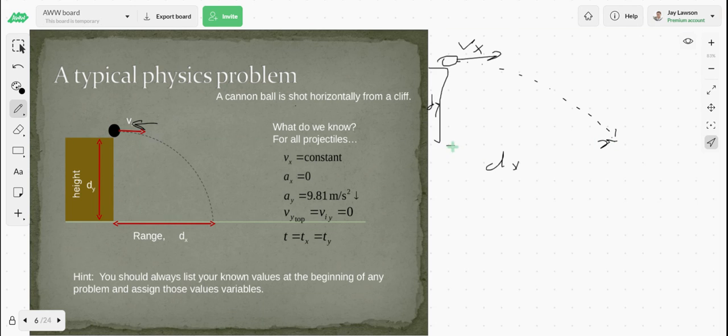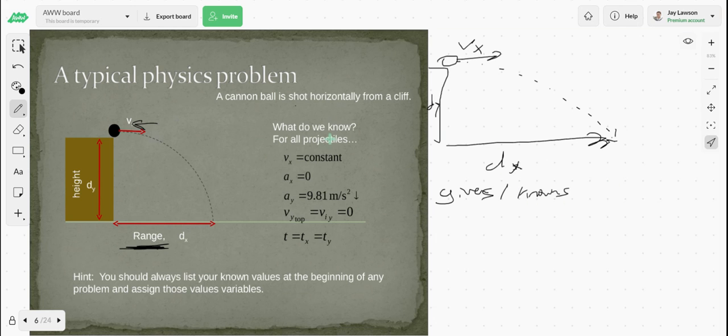Your displacement in the x direction is how far downrange it went. By the way, if they ever ask you how far downrange, that's what it's talking about. All right, so we drew a picture. We kind of got an idea of what's going on. The next thing I'm going to do is write my givens, my knowns.